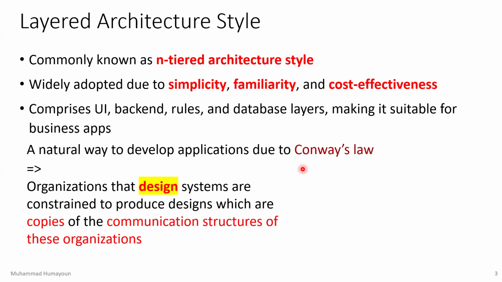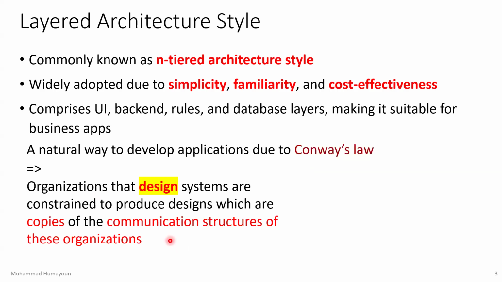And by the way, it is a natural way to develop applications due to Conway's law. Conway's law says that organizations that design systems are constrained to produce designs which are copies of the communication structures of these organizations.